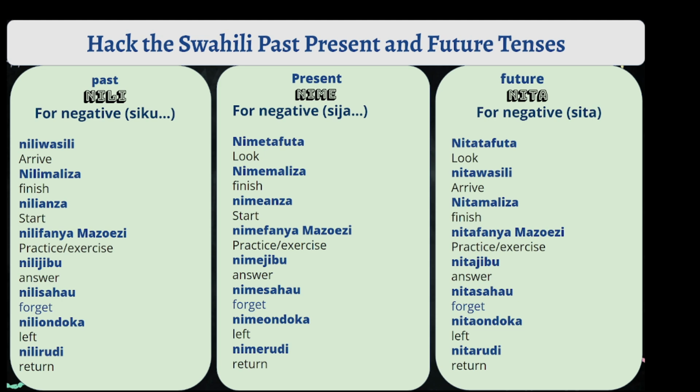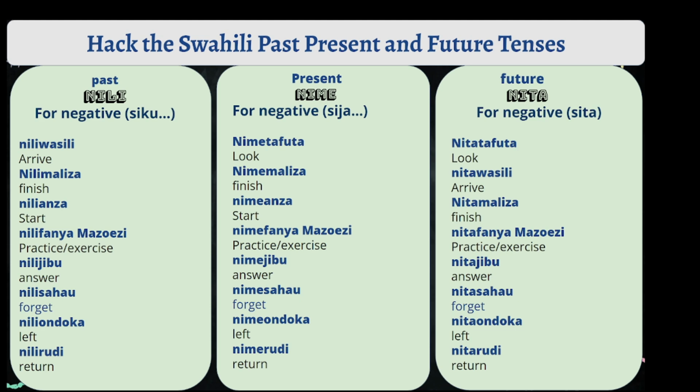Okay. Now, the bottom one there is kind of interesting because if someone says, please come back, and you want to tell them, hey, I'm not coming back, you can say, sita rudi. If you love them and you really want them to know that you'll be back, you can say nita rudi. So nita, sita. Nime, sija.